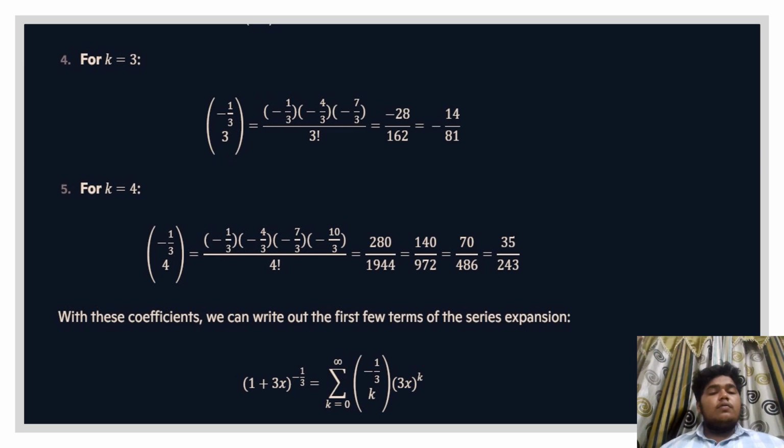With these coefficients, we can write out the first few terms of the series expansion of (1 + 3x)^(-1/3) = sigma from k = 0 to infinity of (-1/3 choose k)(3x)^k.